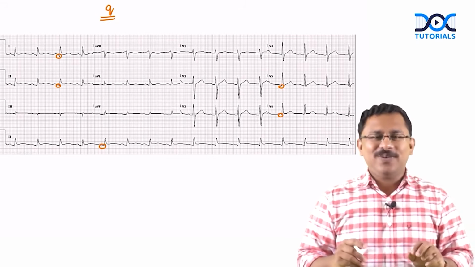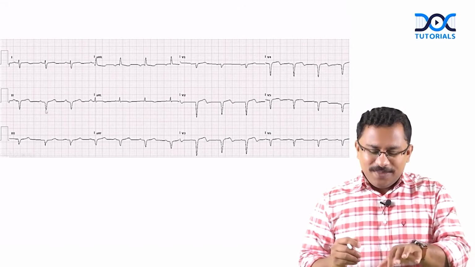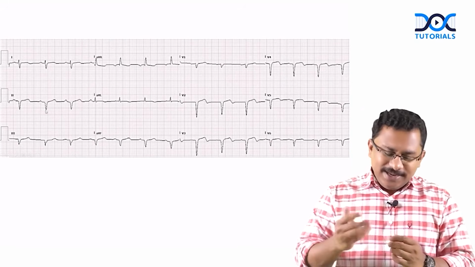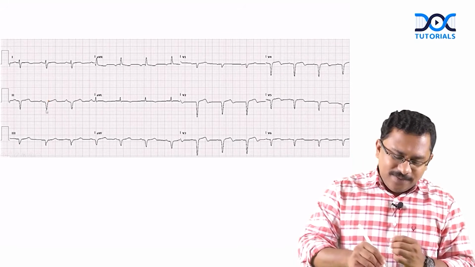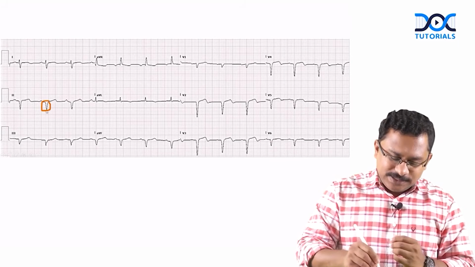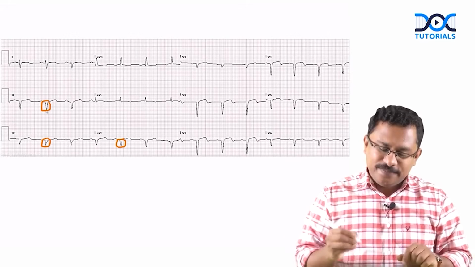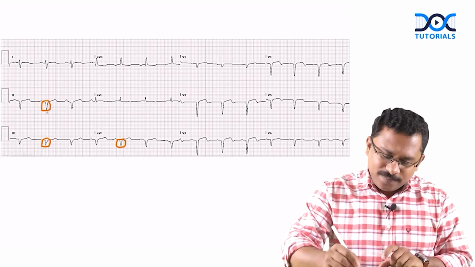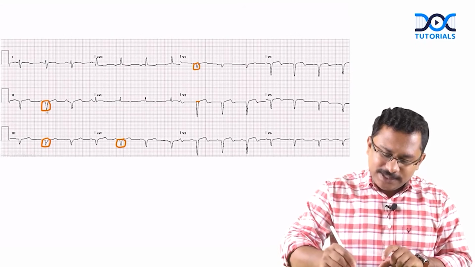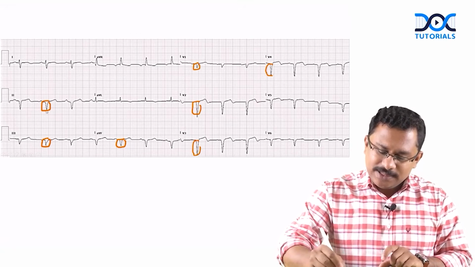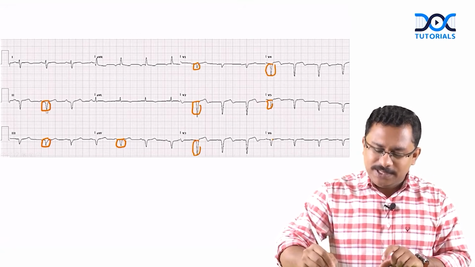Now, if you look at the second ECG strip, it is quite obvious that you are seeing large Q waves in 2, 3, aVF, and from V1 to V6 as well. Yes, large Q waves you are able to see.